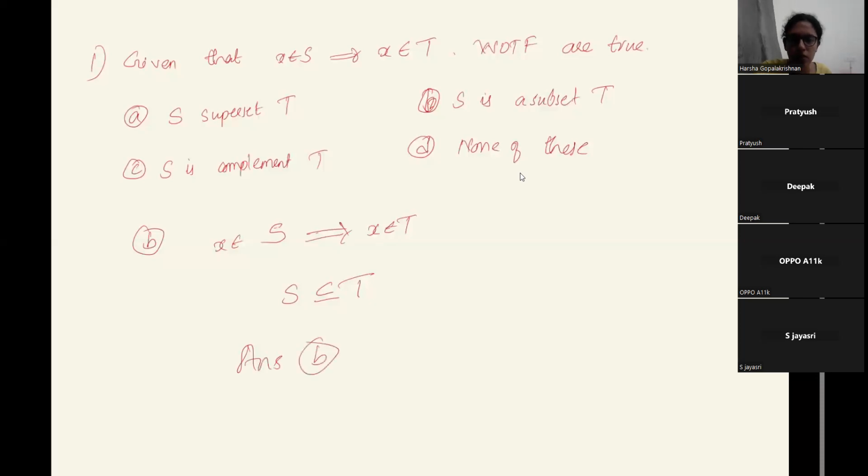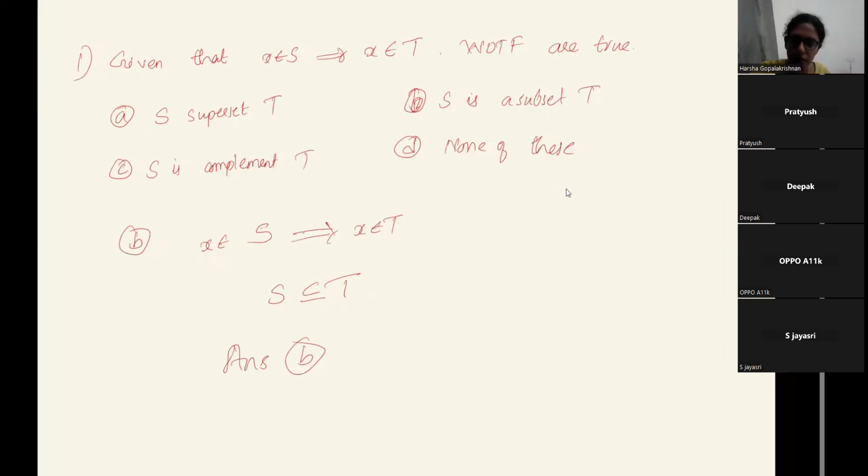Is this clear? Anyone has doubt in this? Shall we go to the next question? At any point, if you have doubt, you can clear it at that moment itself. Let's go to the next question.